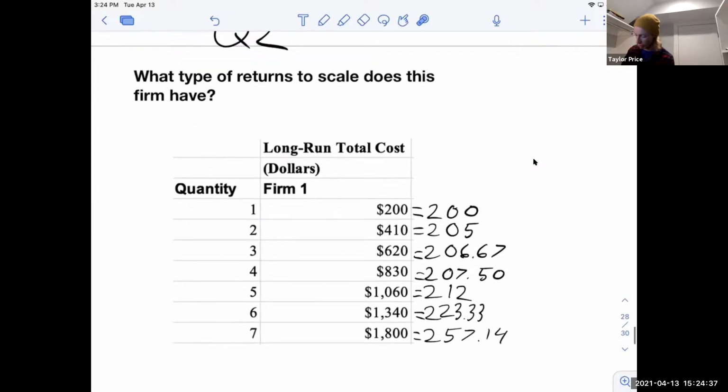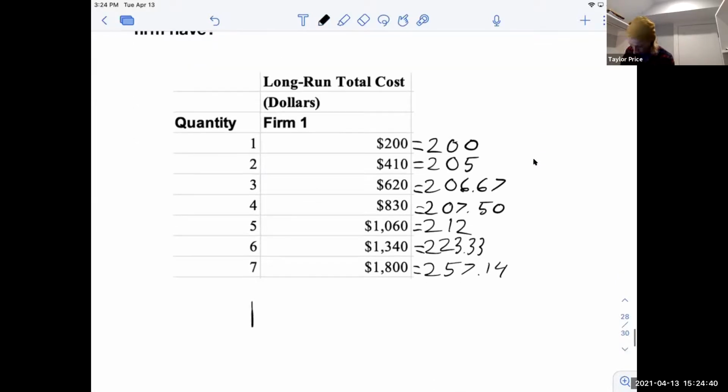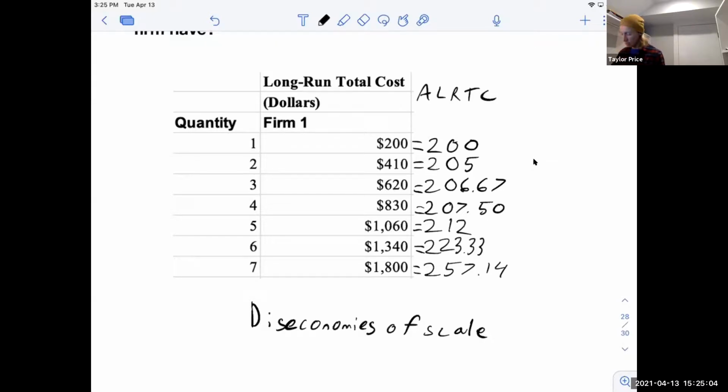So the correct answer should be, and let me write it, diseconomies of scale. And the reason for that is the ALRTC, the average long run total cost, is going to be increasing as you produce more of the good. So yeah, my bad, diseconomies of scale, not economies of scale.